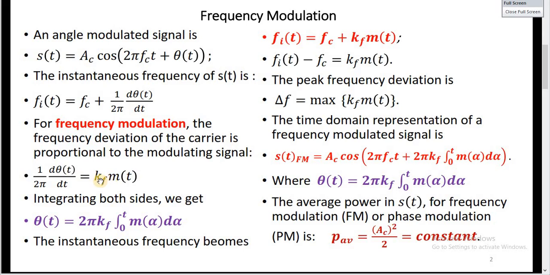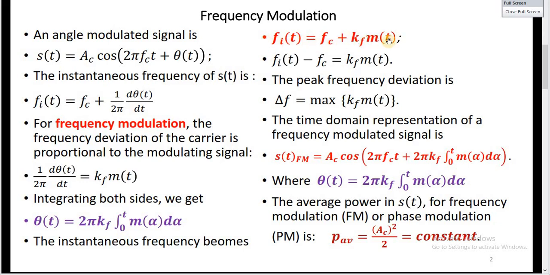K sub f is the modulator sensitivity in hertz per volt, and when we integrate both sides of this equation, we have theta of t equal 2 pi K sub f integration from 0 to t m of alpha d alpha. So the instantaneous frequency now becomes Fc plus K sub f times m of t.